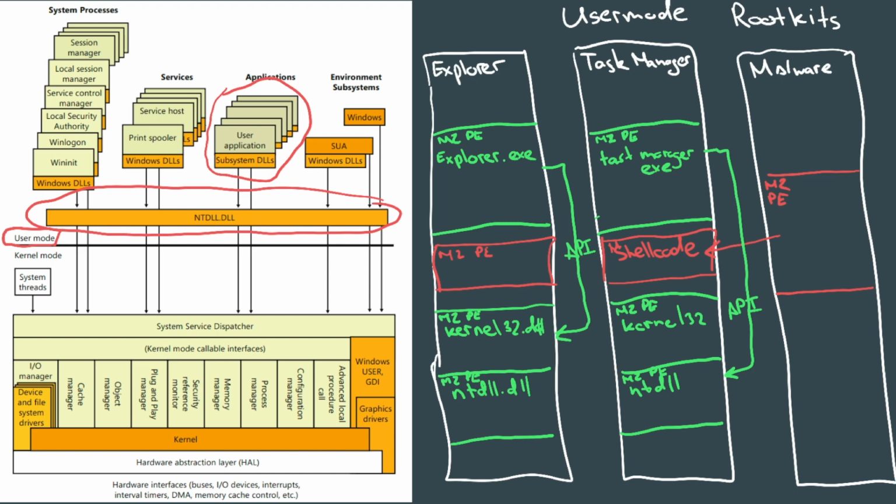And so the way it usually looks like, it's a call instruction, but not a direct call. It's a call instruction through the address table, which is called import address table, which has multiple records of where APIs are, right? And so malware has multiple opportunities.